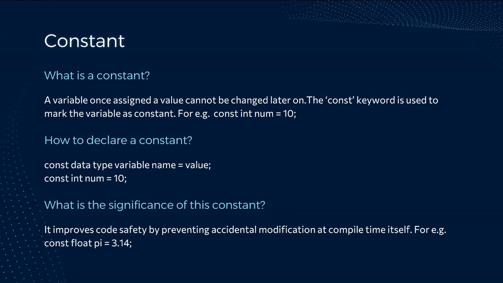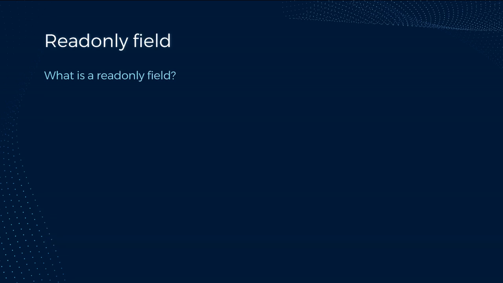For example, const float pi = 3.14. You know the value of pi is 3.14, and it should not be changed. So you put the keyword const before the float data type, and it becomes a constant variable. This is the significance of that: to prevent accidental modification.